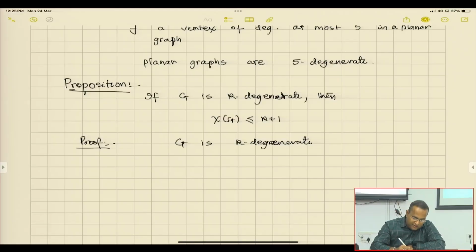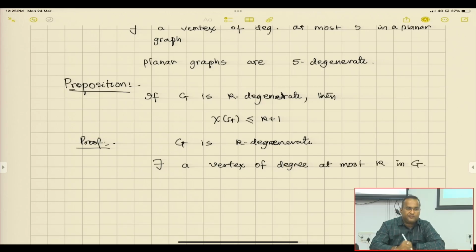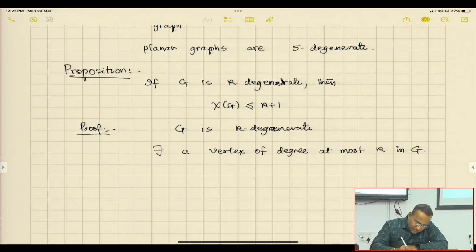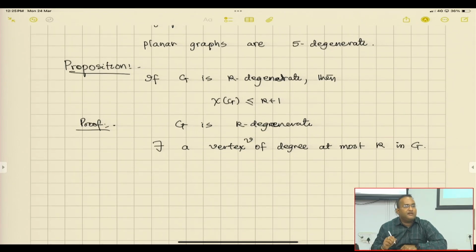So G is k-degenerate. Then can we say that there exists a vertex of degree at most k in G, because G is also a subgraph of itself? Let us say this vertex is v.